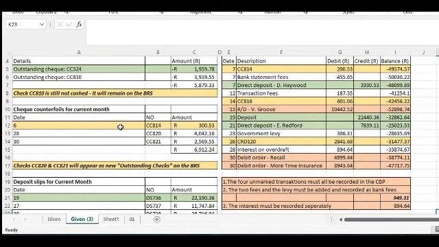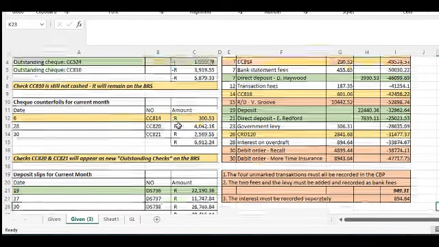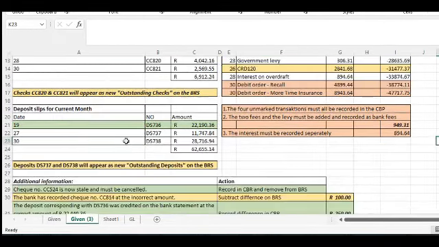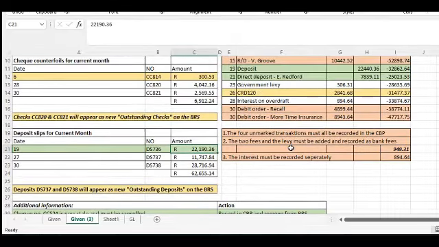Something is wrong either in our documents, in our journals, or in the bank statement, and we don't know yet because we haven't looked at the additional information yet. Then we have these 2 checks that were only issued towards the end of the month and will therefore not show up yet. So that's left. On the deposit slips, we have an amount here of 22,190 that is not exactly the same as the amount that is there in the bank statement.